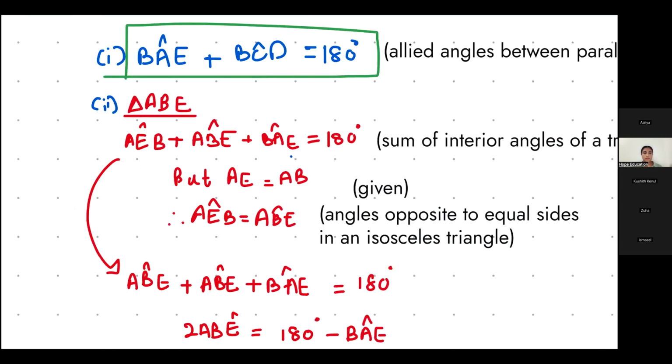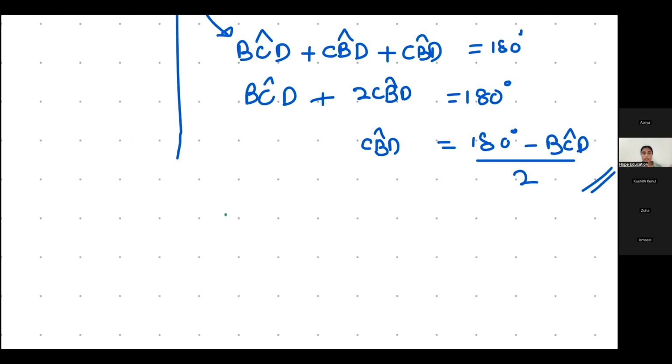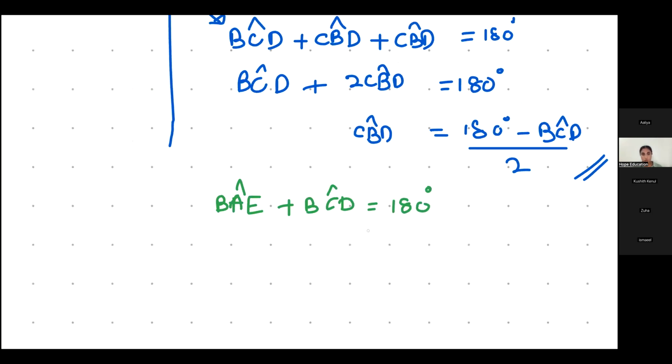Here, BAE plus BCD equals 180. So BCD equals 180 minus BAE. Did you understand that one?